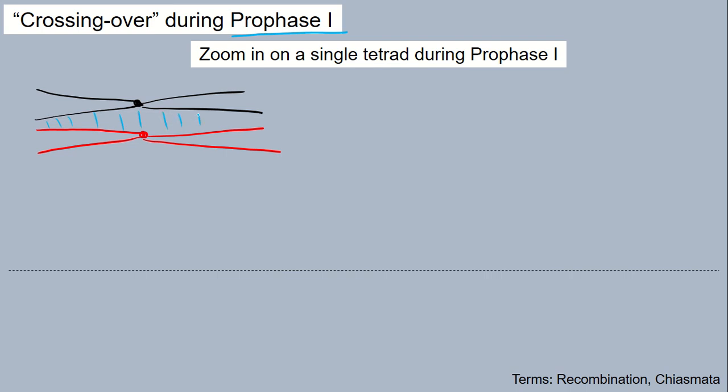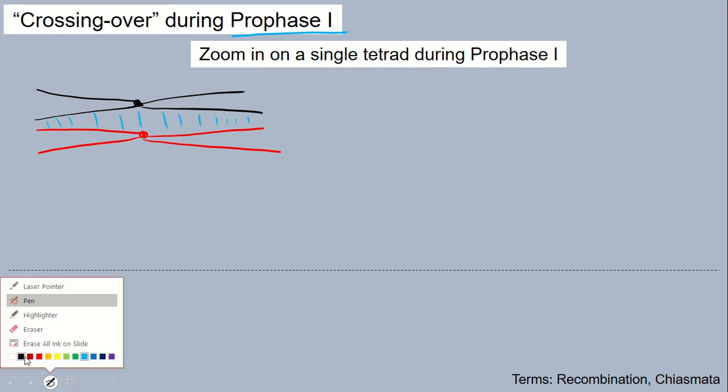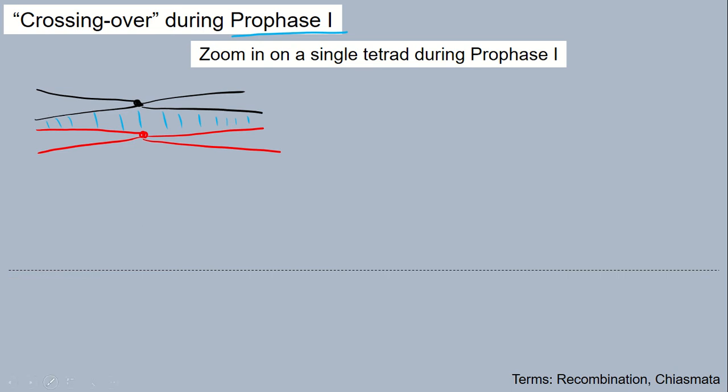between non-sister chromatids. Now what happens in prophase 1 of meiosis is that these undergo a process known as crossing over. The chromosome arms, basically the chromatids, physically cross over with each other.